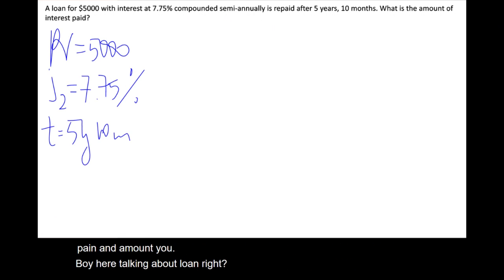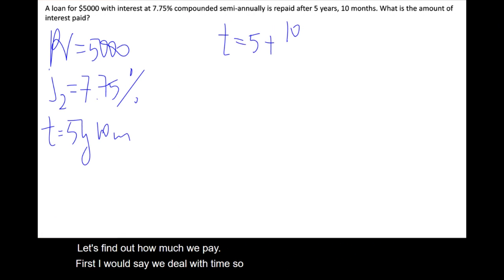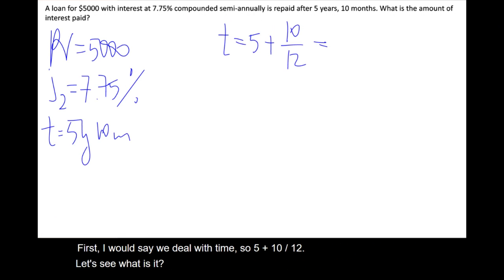So let's find out how much we pay. First, I would say we deal with time. So 5 plus 10 over 12. Let's see what it is.